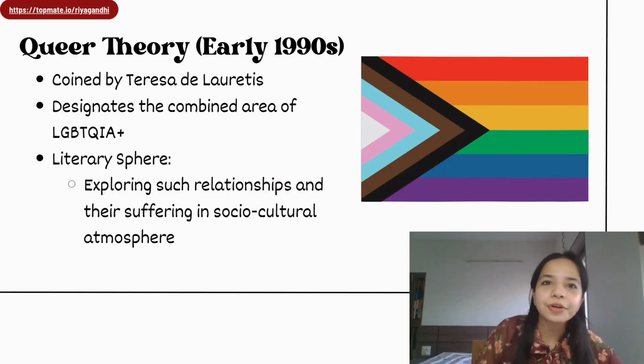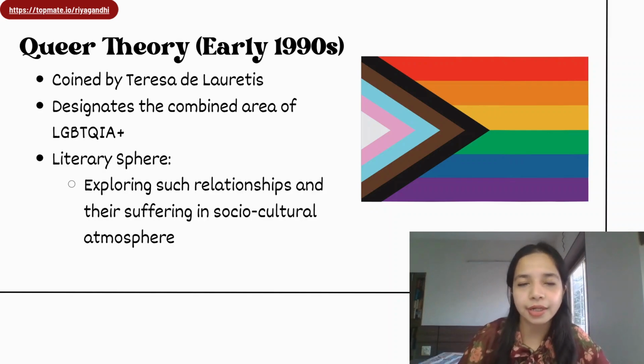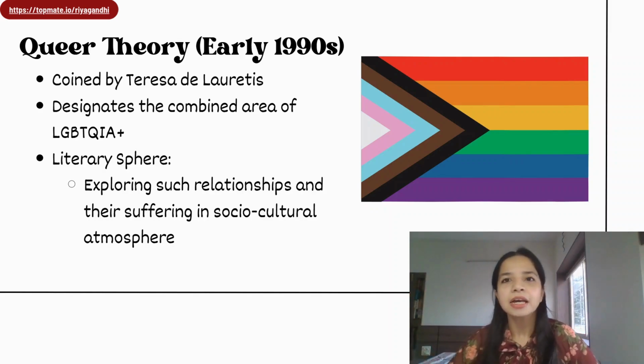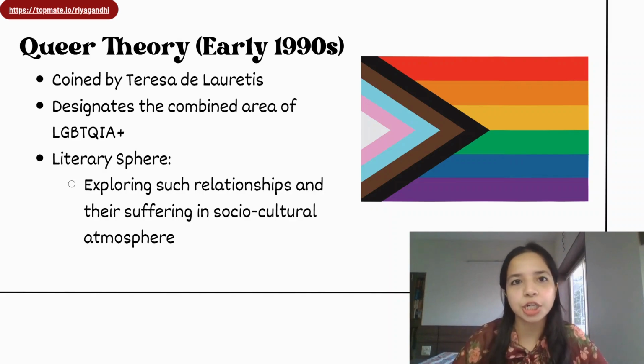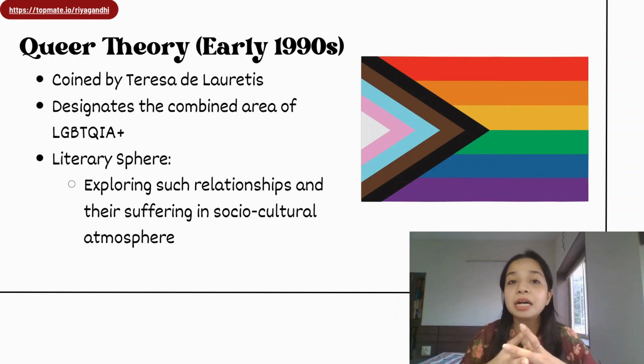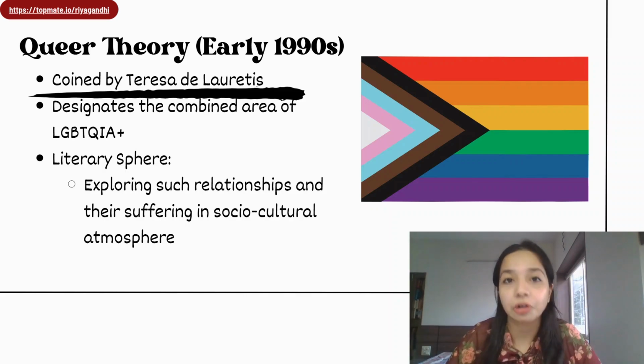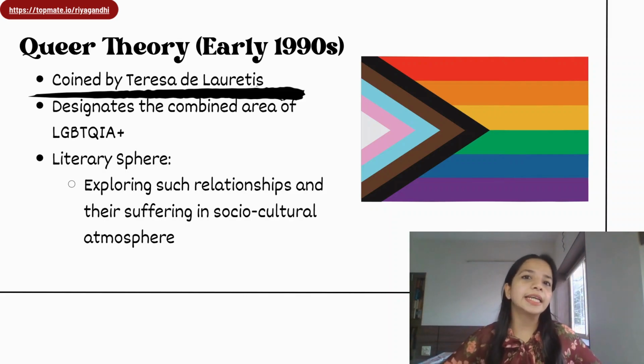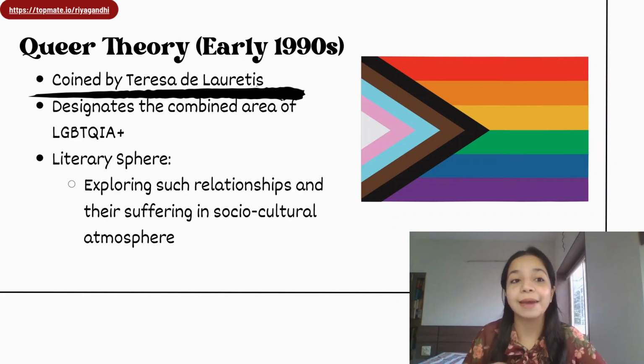We also have the emergence of queer theory that happened in the early 1990s and is also frequently asked in the UGC NET English exam. The term queer was coined by Teresa de Lauretis, and it basically includes the combined area of LGBTQIA+.